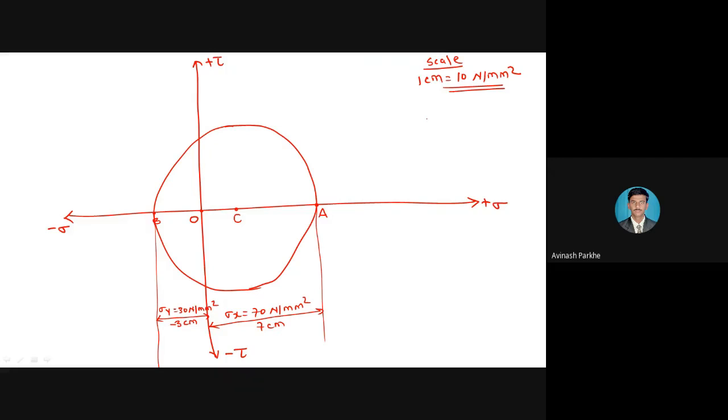Then you have to represent the theta angle. So theta is equal to 30 degree. So 2 theta is equal to 60 degree. From this particular point C, you have to represent the 2 theta angle in anti-clockwise direction. So you will get one point D on the circle.